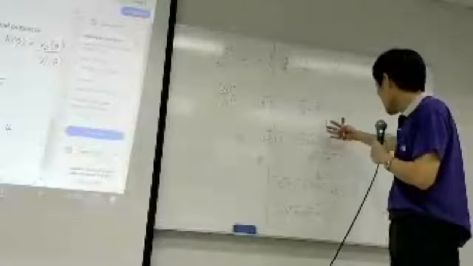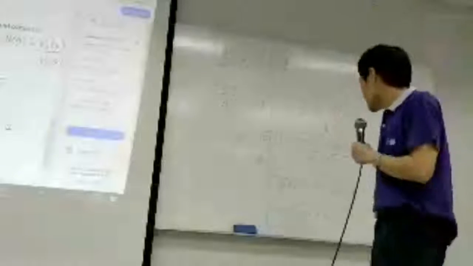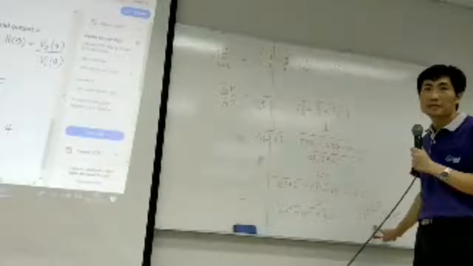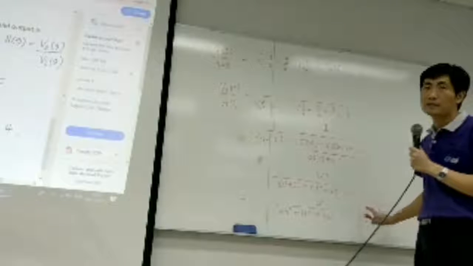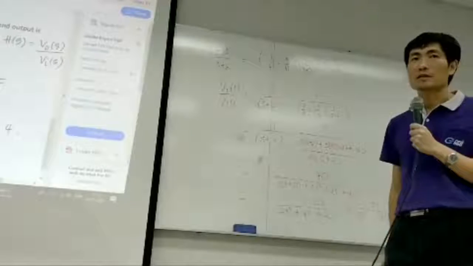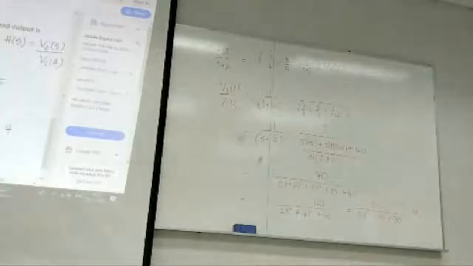This one go up. Okay. And actually this is called the transfer function. If you take the inverse transform of this, you get what we call the impulse response of the circuit. But you don't have to do that.